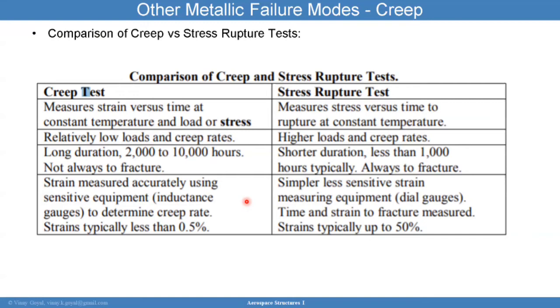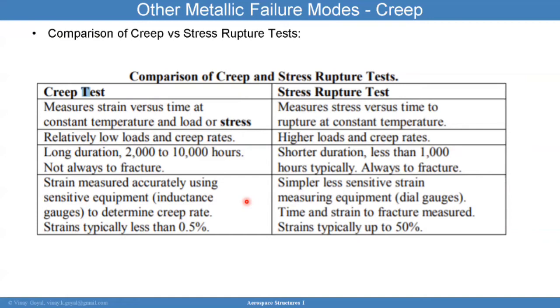Both approaches have been successfully used to study sustained loading conditions. Relatively low loads and creep rates is what you get for creep testing. In stress rupture, you're looking at higher loads and higher creep rates.